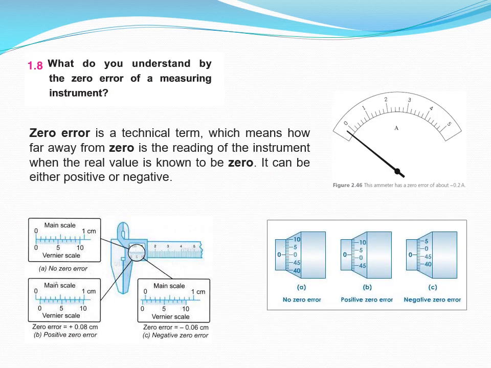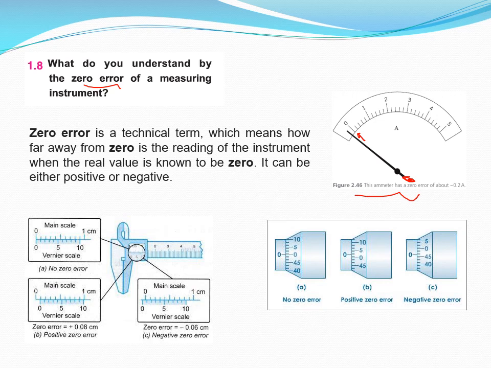Next, question 1.8. What do you understand by zero error? The concept of zero error is very visual and straightforward. Here, for example, if you note this meter, then this needle, which is actually a pointer, should be in line with this zero, but as it is not aligned with this zero, there is a zero error.